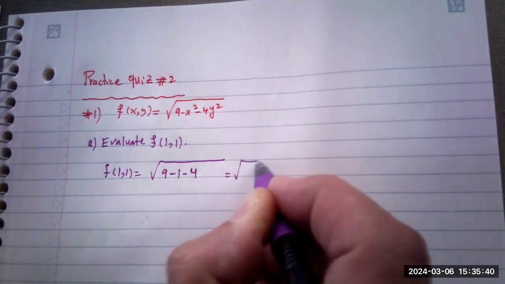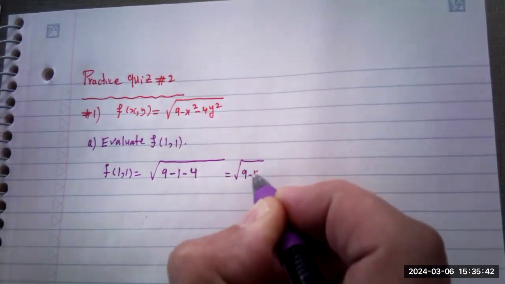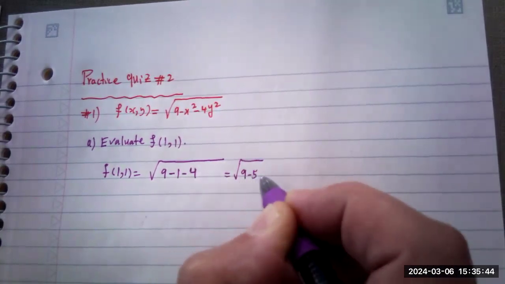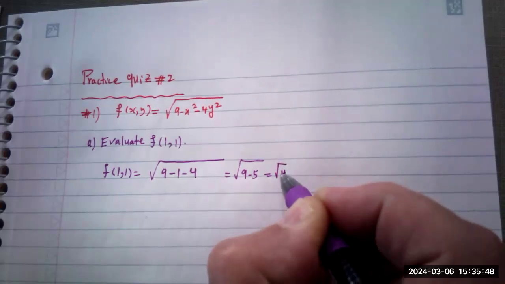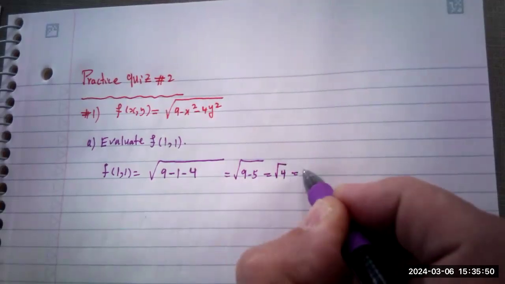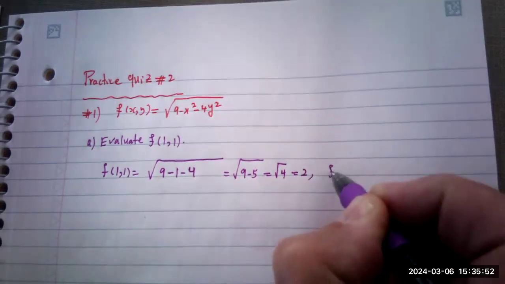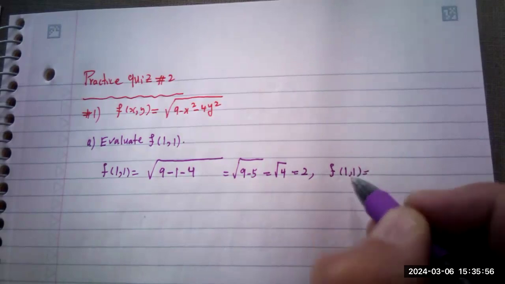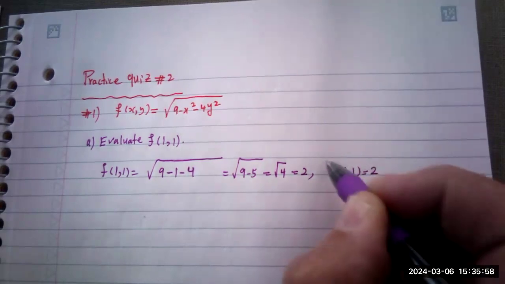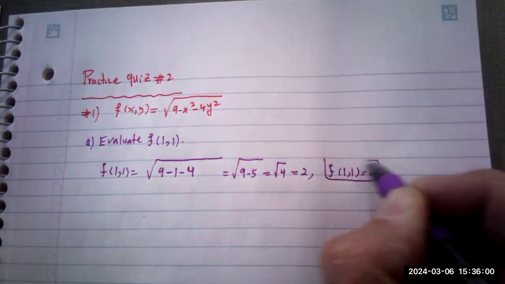That gives you radical 9 minus 5, which in this case is radical 4, and radical 4 is equal to 2. So f of 1, 1 is equal to 2.